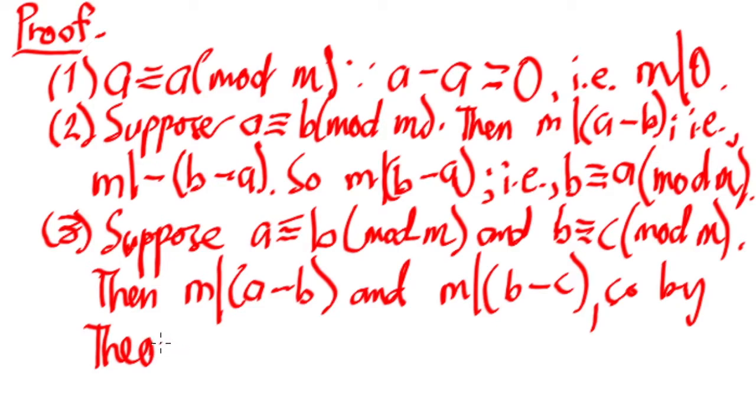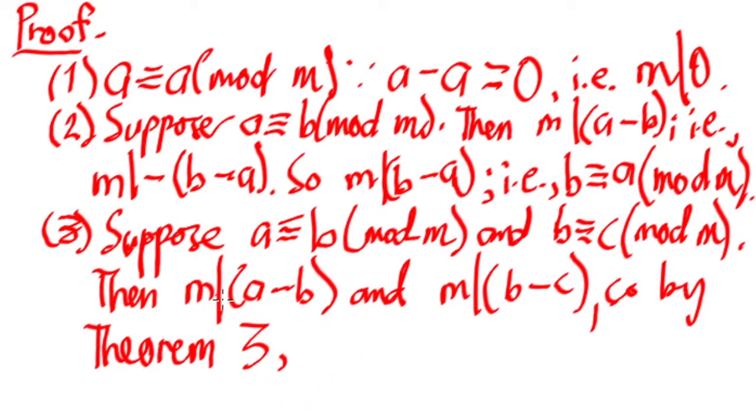Theorem 3 states something about linear combination. I will give a link to the video above here if you are not familiar with it. So by Theorem 3, it stated something in the linear combination part.